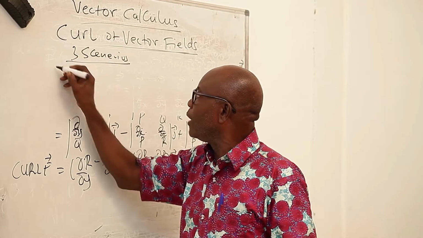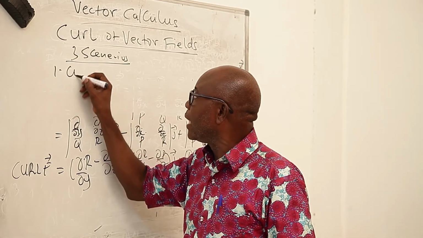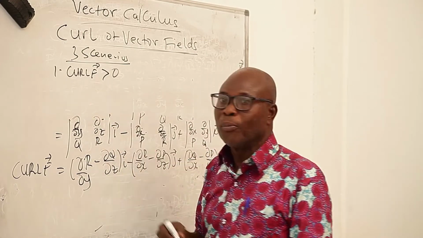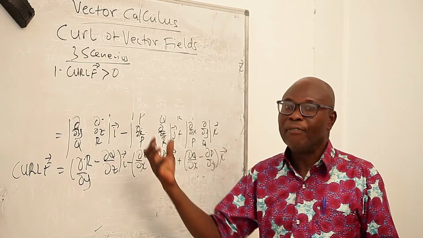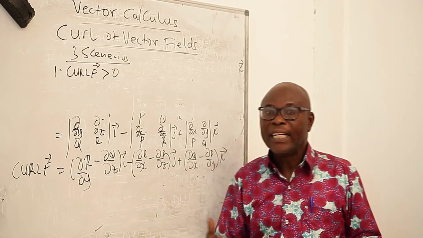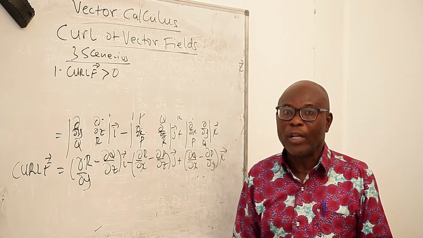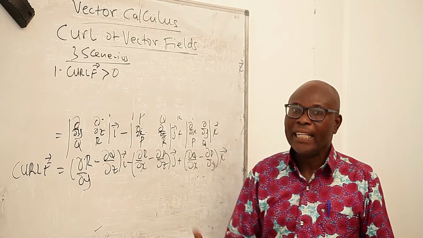The first one is when the curl of F is greater than 0. When curl F is greater than 0, it means that the effect of the rotation at a given point on the vector happens in the positive direction.